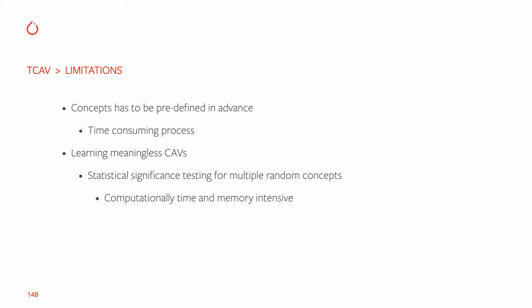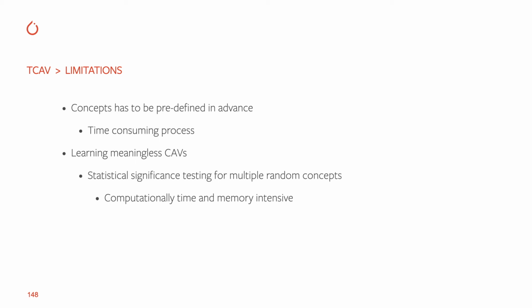Now let's discuss some of the limitations of the TCAV algorithm. TCAV requires predefined concepts. As we saw in our previous slides, we had to have a predefined set of stripes and random concepts. This could potentially require some human labor, but it would be great if we could generate them automatically.